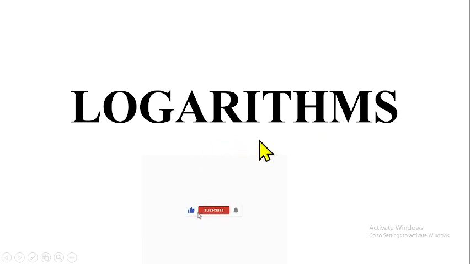Logarithm is very important in mathematics, and understanding it will help you a lot, because logarithm is also applicable to other areas or topics in mathematics. So you must understand logarithm very well if you really want to understand some other topics in mathematics.